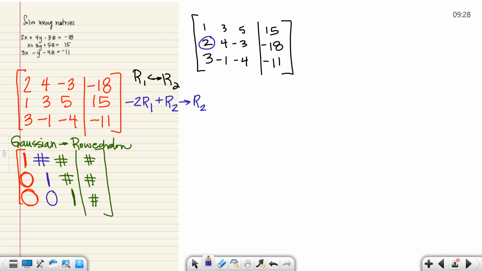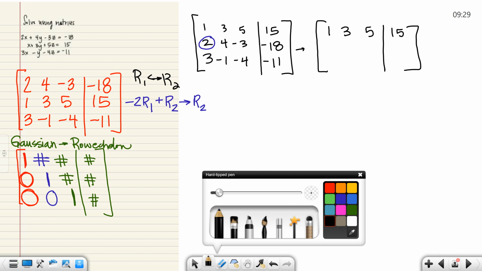So row 2 is what I'm going to want to change. Now, just so you see where we're going with it, I'm not going to change row 1. I'm going to use it to find a new row 2, and I'm going to use it to find a new row 3, but I'm not actually changing row 1. Row 1's going to stay the same.